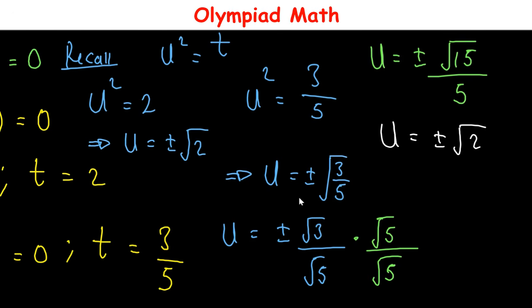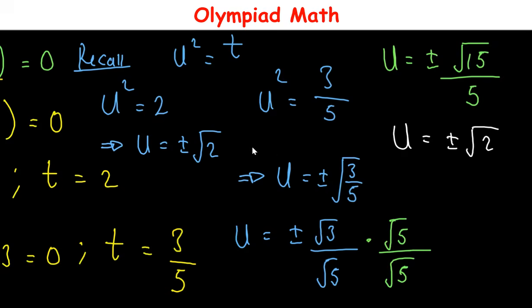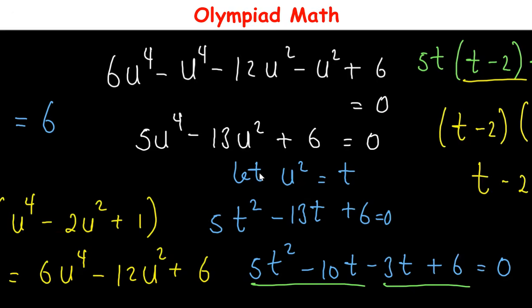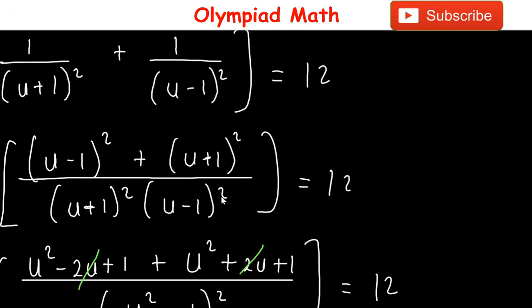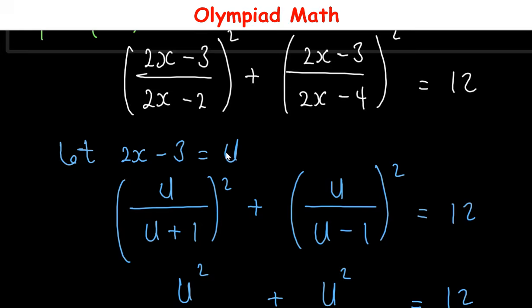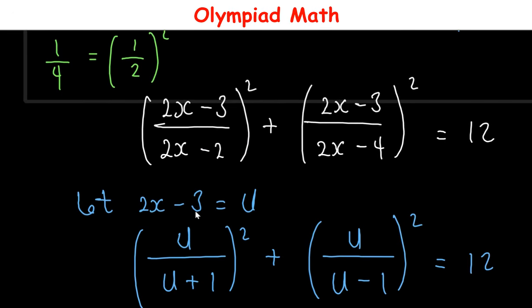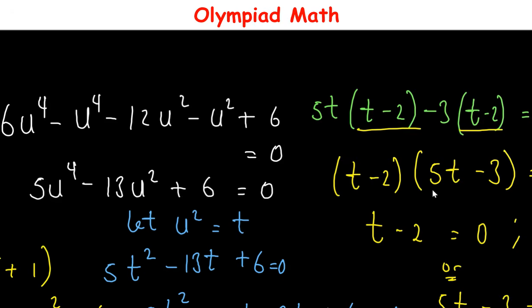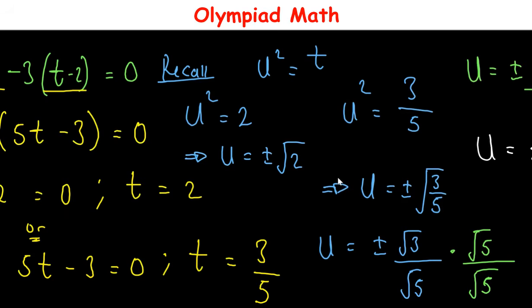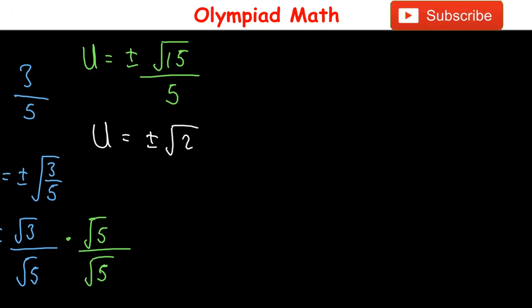Next, to solve for the value of x, recall that we said let 2x - 3 equal u. So 2x - 3 is equal to u.